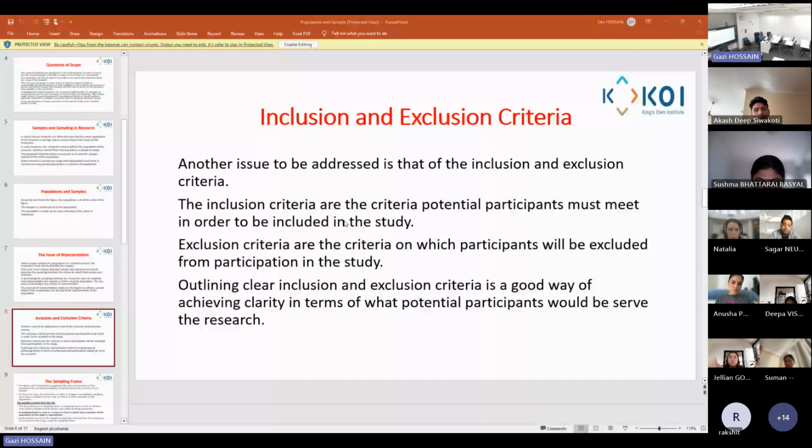I'm saying again, we want to collect data from bank managers in Australia who have been working in a bank manager position for the last 5 years. So the exclusion criteria will be, though you are a bank manager, we are sorry, we can't include you in our research because your job length is only 2 years.